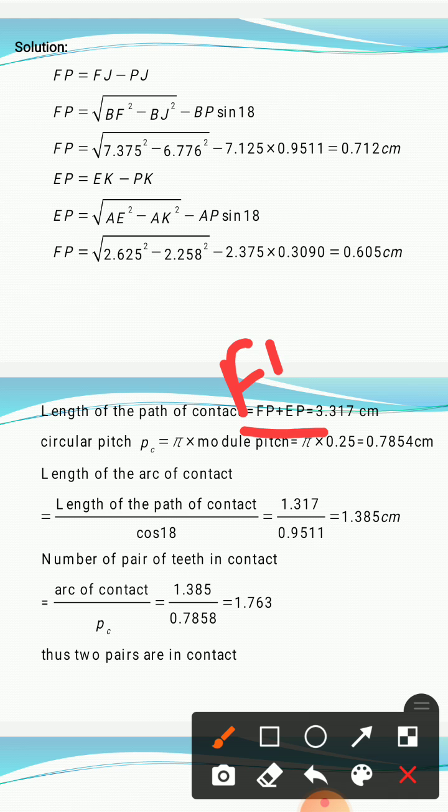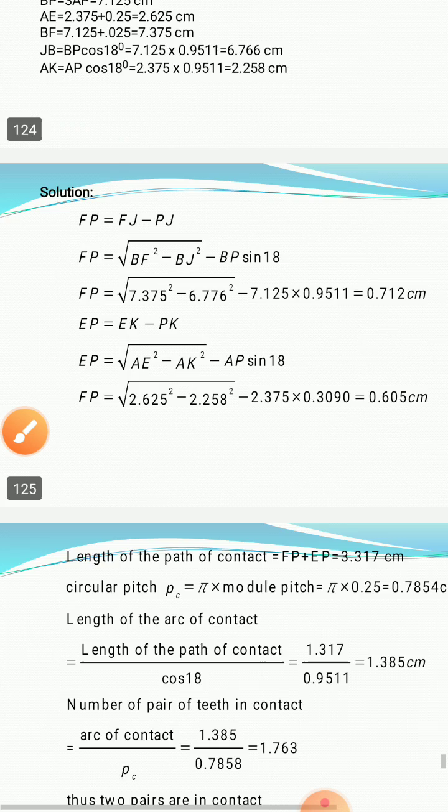As discussed in the previous change in diagram, due to consideration of the whole number of teeth, the interference points now change to F and E. So the path of contact now becomes F2E.